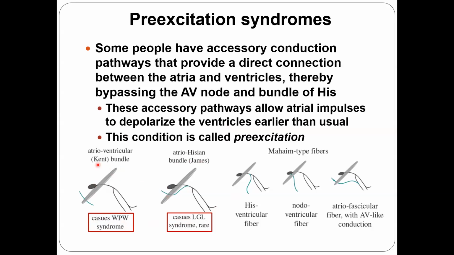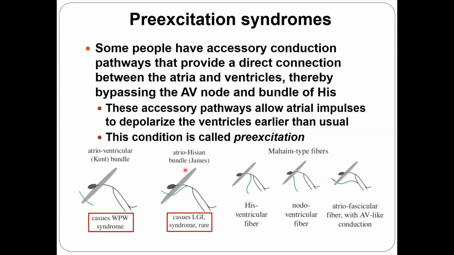We have the bundle of Kent. This is a muscle-type bundle that connects the atrial muscle to the ventricular muscle. And of course, the ventricle activation or conduction is faster than AV conduction. This is why the charge gets to the ventricle faster.